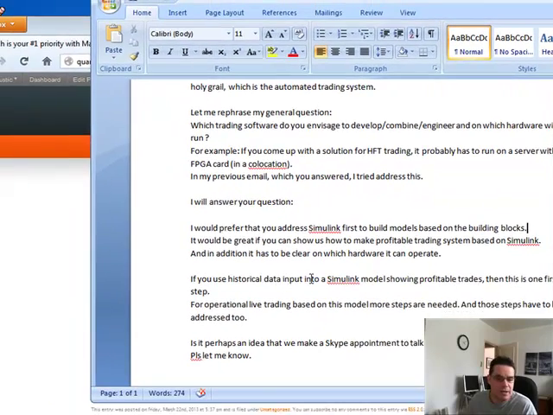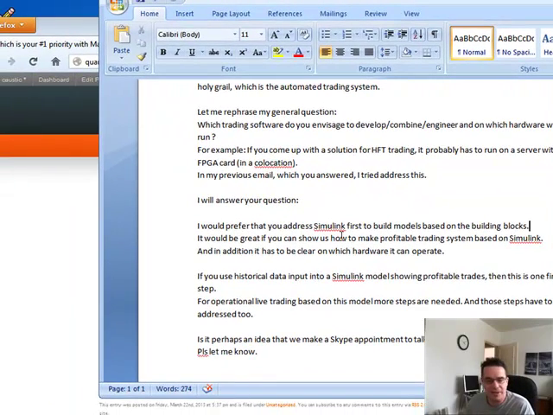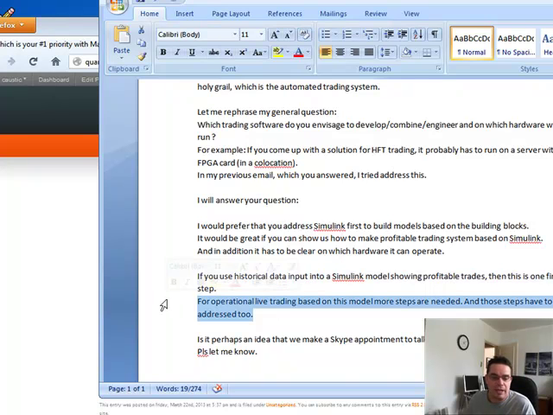Now, historical data input, that's easy. You can just create a time series in the MATLAB workspace and then import it into the Simulink model. That's pretty easy. For operational live trading, the key is taking that workspace matrix and somehow substituting it with a real live trading feed.